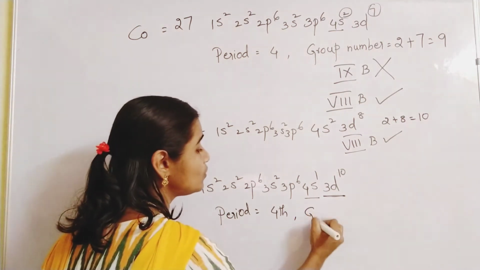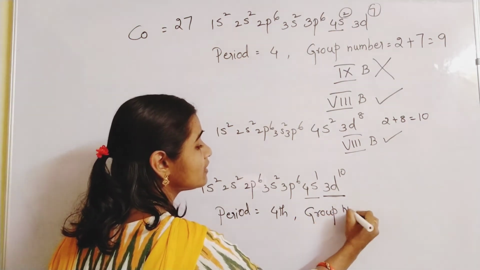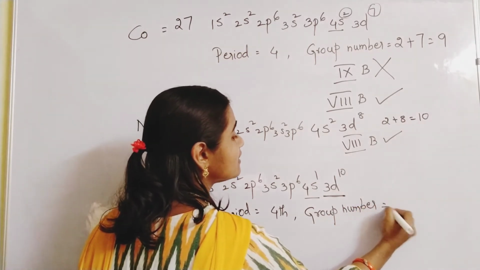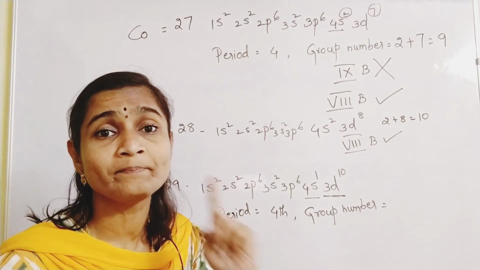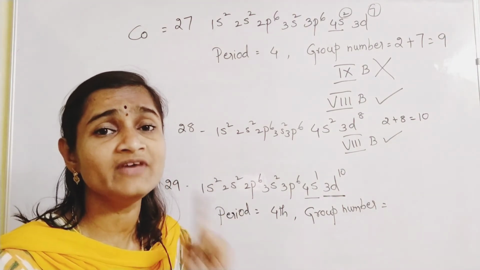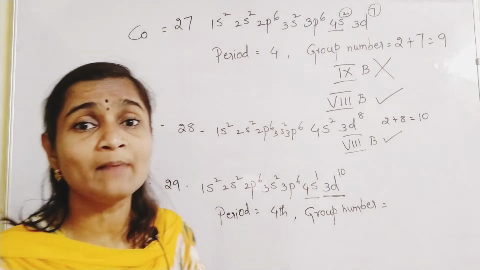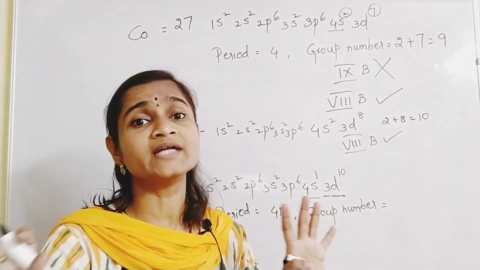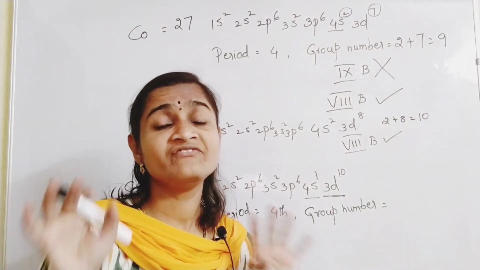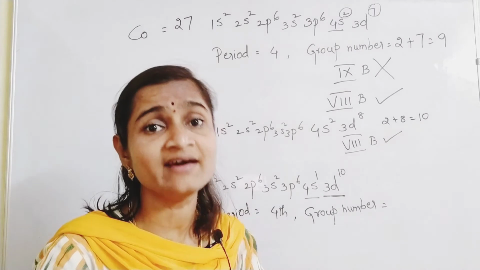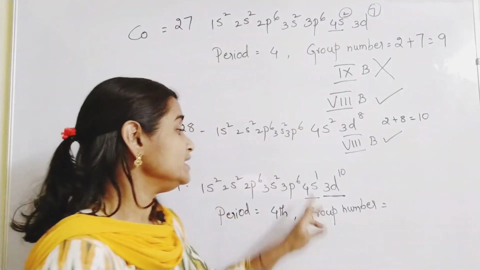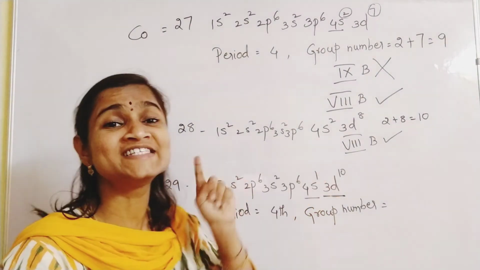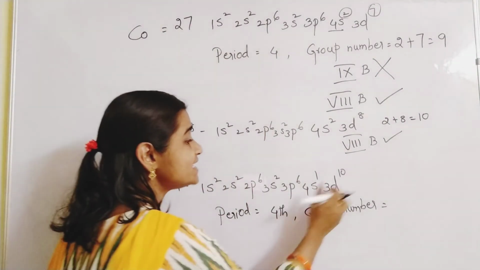Now coming to group number. Here the d electrons are completely filled. Remember that point always: if d electrons are completely filled, don't count those electrons at all. Just count the s electrons of the last orbit itself.